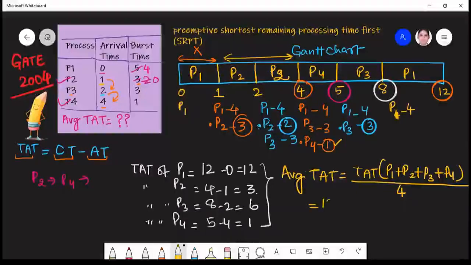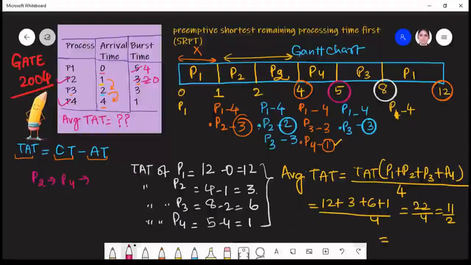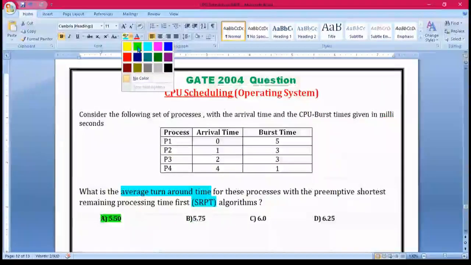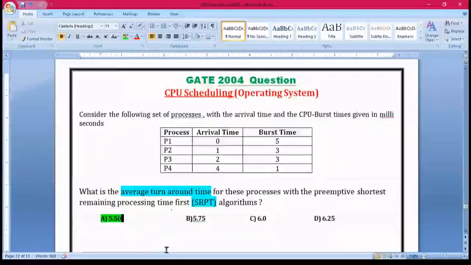So let's add all of them. 12 plus 3 plus 6 plus 1 upon 4, and that is 22 by 4, that is 11 by 2, and the answer is 5.5 milliseconds. Now let's see the options. As you can see from here, our answer is 5.5. So it clearly matches with this option. So the right answer is A, 5.50.